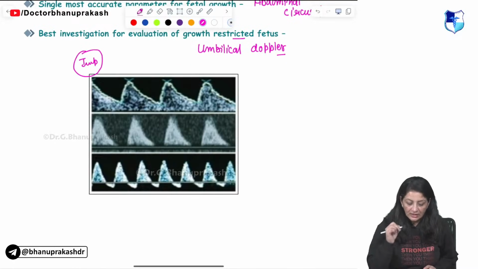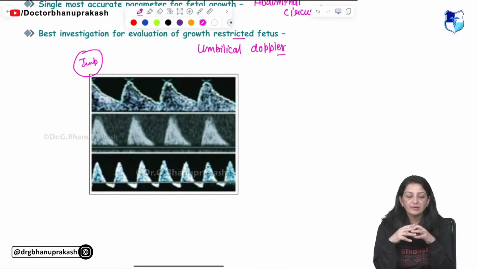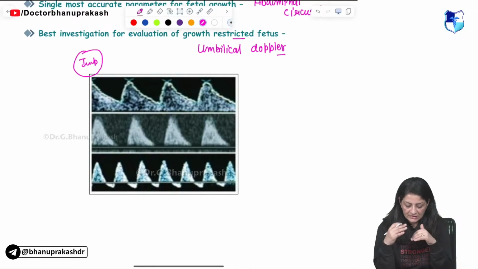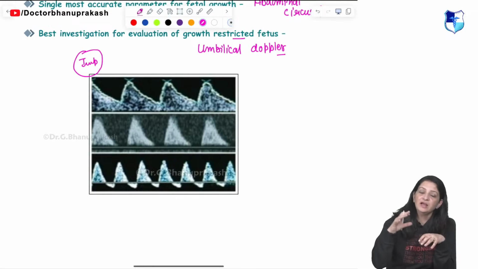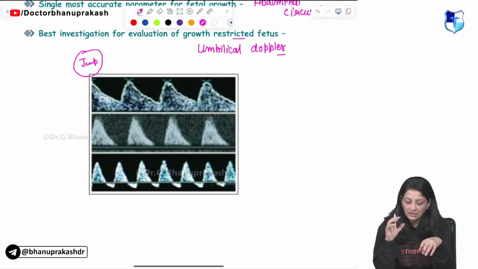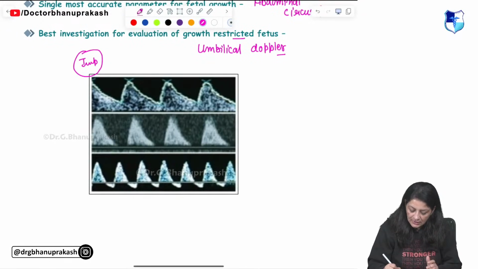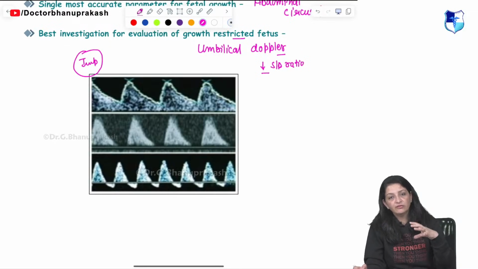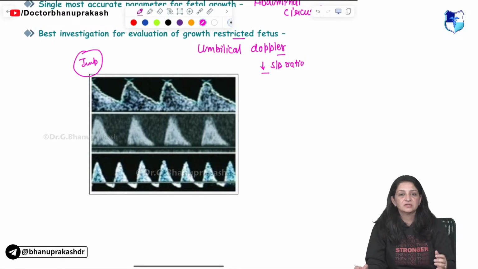First one, in a normal pregnancy, there is a forward flow in the umbilical artery. As the pregnancy advances, there is an increased systolic flow and diastolic flow. So in a normal pregnancy, the systolic and diastolic ratio is low because there is a forward flow, systolic flow as well as diastolic flow.